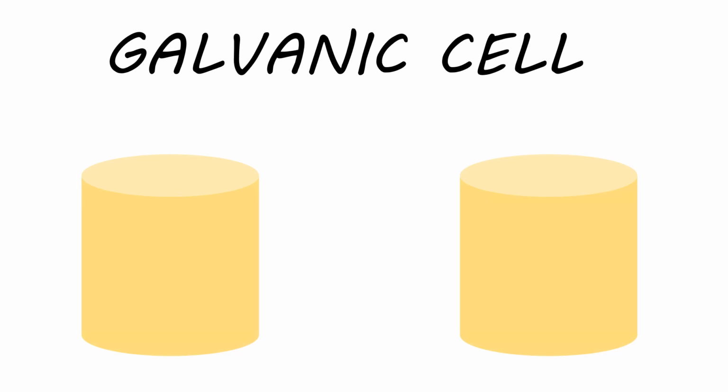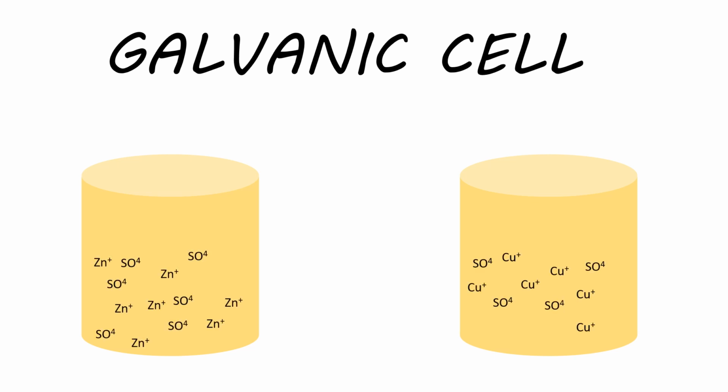If we move on to the formation of the galvanic cell, it basically consists of two beakers. Now, these two beakers can be of any material, but most priority is given to glass or metals.